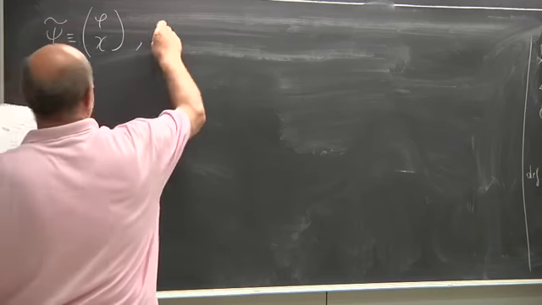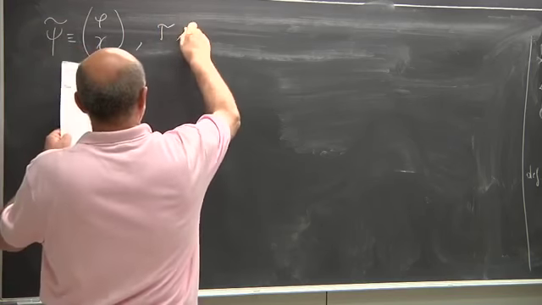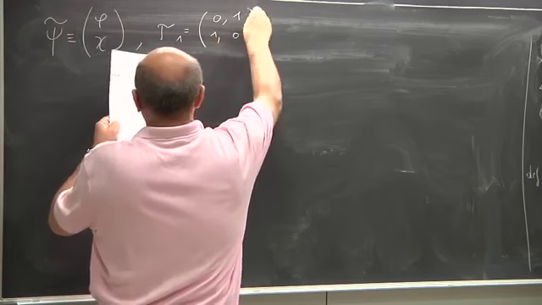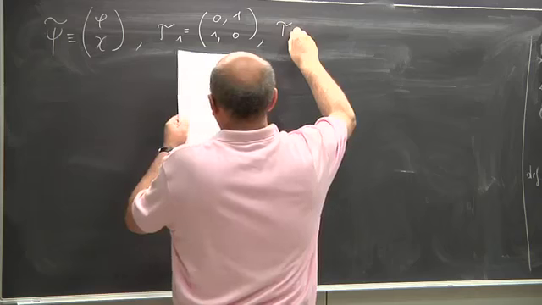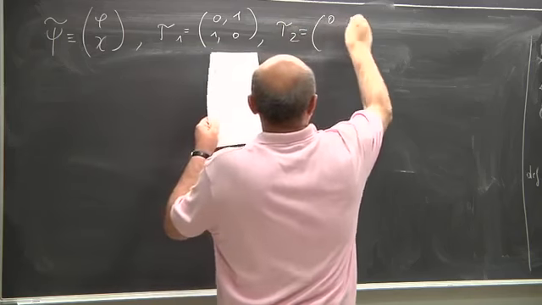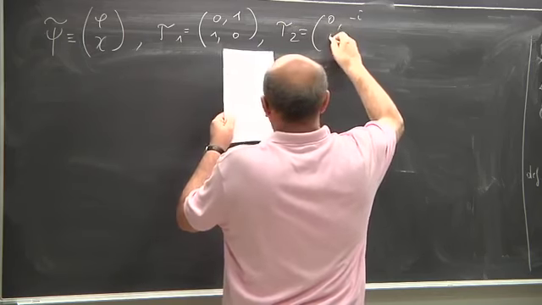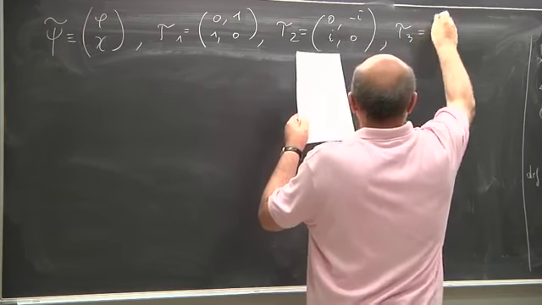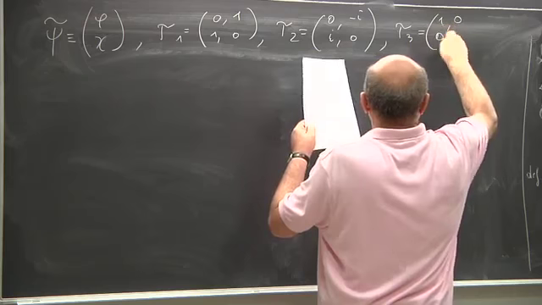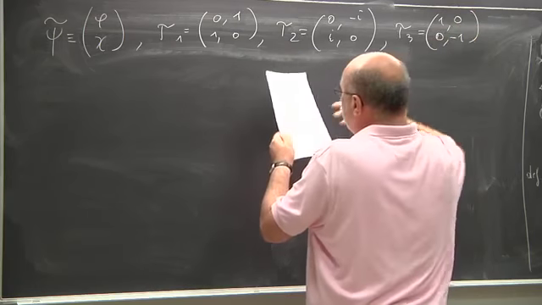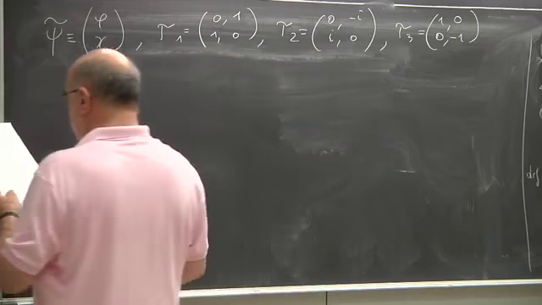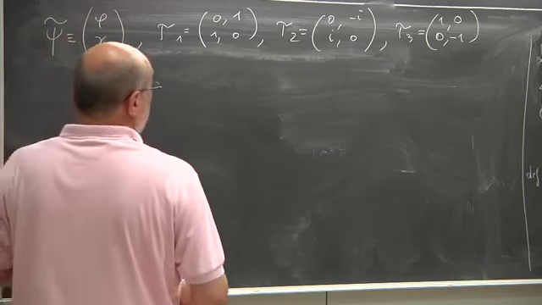And then let's introduce the usual Pauli matrices, tau, with the standard convention, which have the usual properties that you know very well.